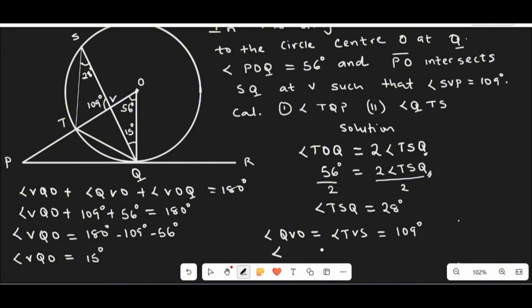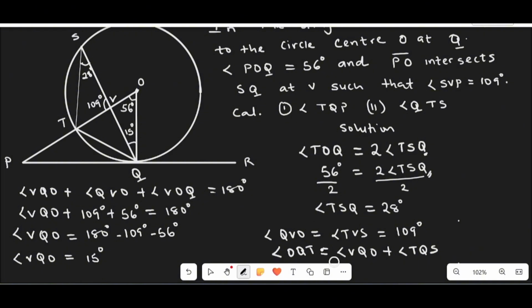Angle OQT equal to angle VQO plus angle TQS. Our angle VQO is 15 degrees and our angle OQT has already been calculated to be 62 degrees.